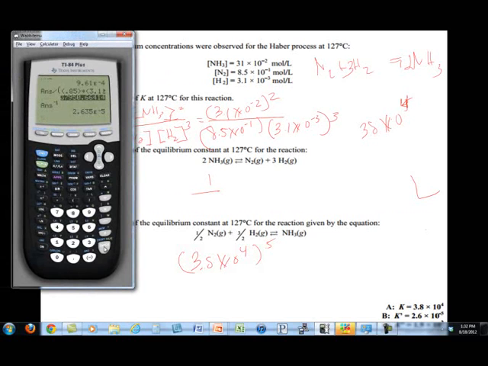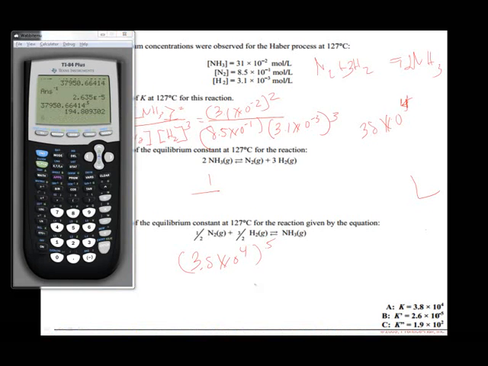I take that and caret that to the 0.5, I get 1.9 times 10 to the 2. Alright, cool.